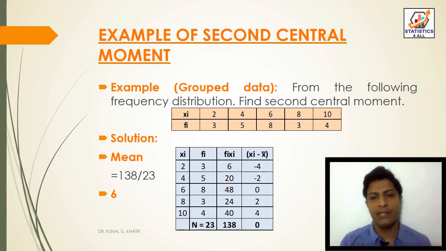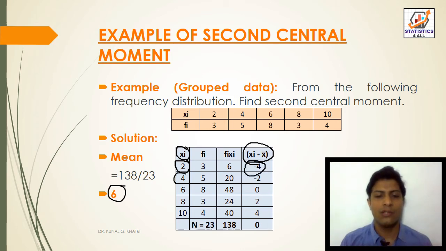After finding the mean value, we have to find xi minus x bar. So here is the fourth column. 2 minus 6 is equal to minus 4. 4 minus 6 is minus 2. 6 minus 6 is 0. 8 minus 6 is 2, and 10 minus 6 is 4.